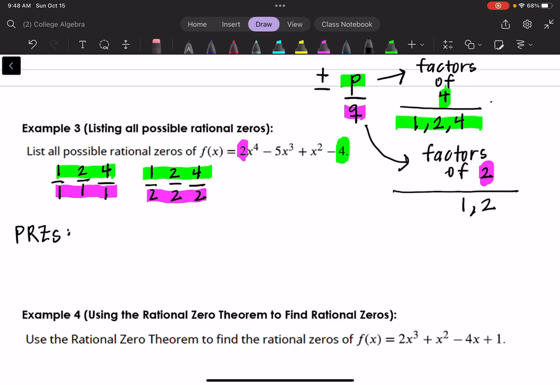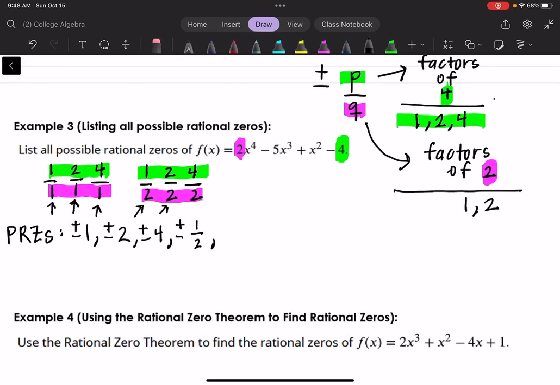So the first fraction coming from here is going to be plus or minus 1. Now that's a whole number, or rational number, so that counts. The next PRZ is going to be plus or minus 2, and that came from here. The next one will come from here, and that is plus or minus 4. Continuing, we'll have plus or minus 1/2 as a possible rational zero.